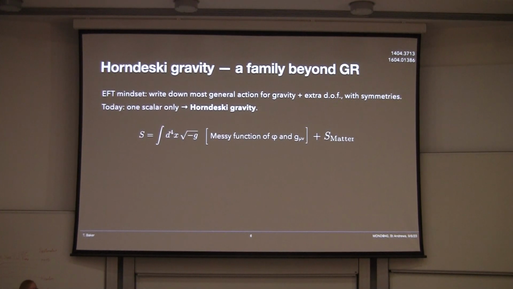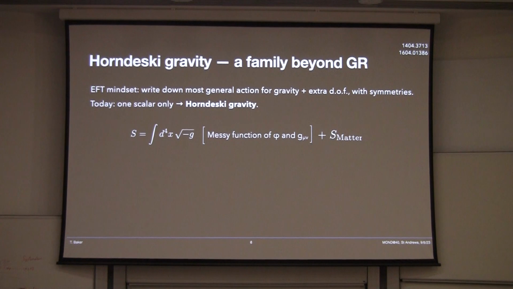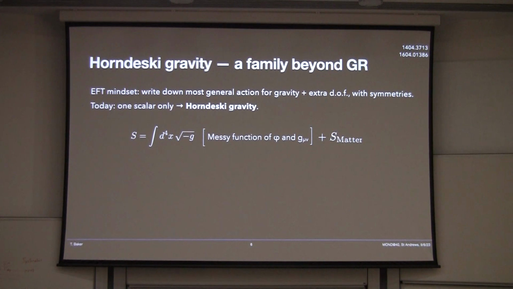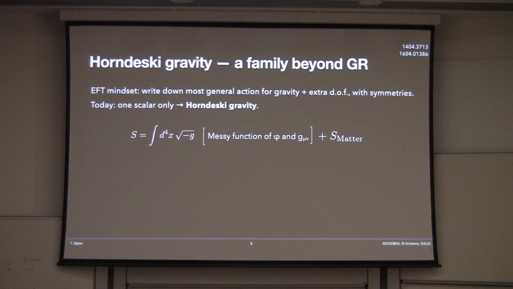I'm actually not going to write it down because it's about 5 or 6 lines long because of the operators. And this audience could handle it, no problem, I'm sure, but it's just not necessary for this part of the story. We might see a bit of it later. So let's just take it for now. There is some big, messy Lagrangian you can write down that contains our extra scalar field phi and our metric g_μν. Okay, and I'll couple this to a matter Lagrangian.